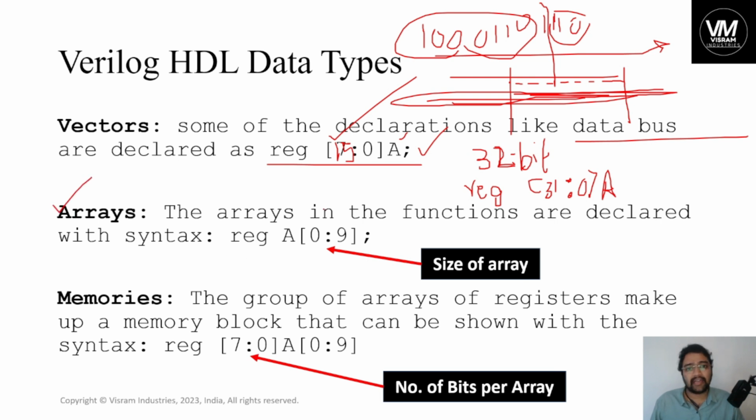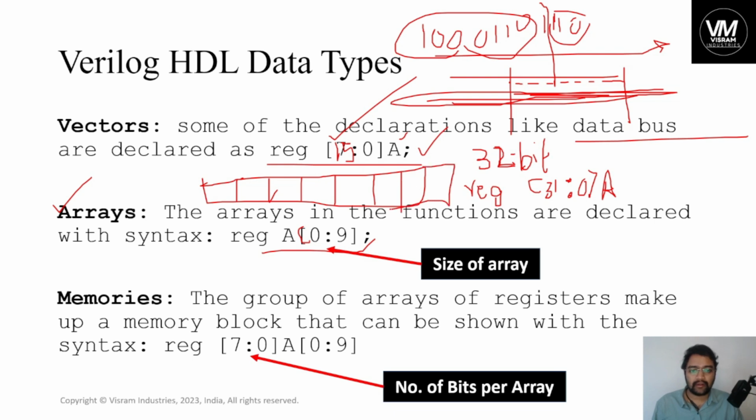When we declare arrays, we have to declare reg A and then the size of the array. This is the size of the array. If this is the array, you can mention how much size. For example, here it is 3, 4, 5, 6, and 8. 1 2 3 4 5 6 7 8.